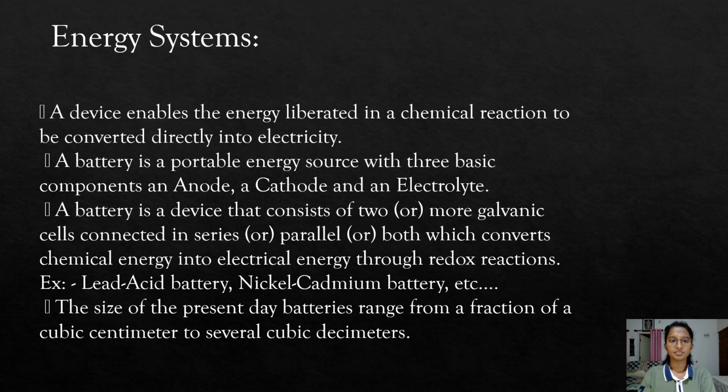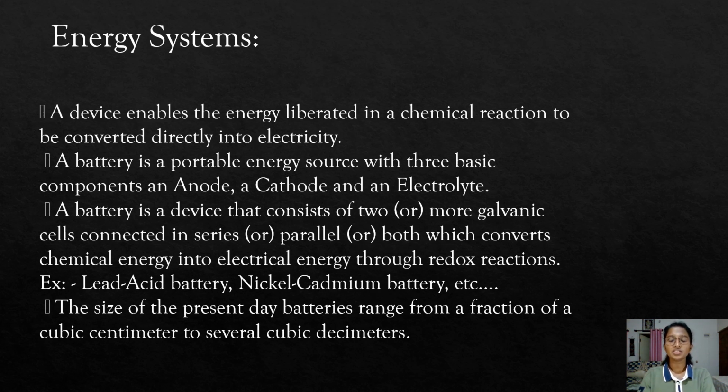First, let us have a basic idea about energy systems. A device enables the energy liberated in a chemical reaction to be converted directly into electricity. A battery is a portable energy source with three basic components: an anode, cathode, and an electrolyte.